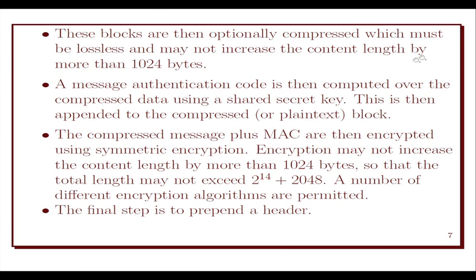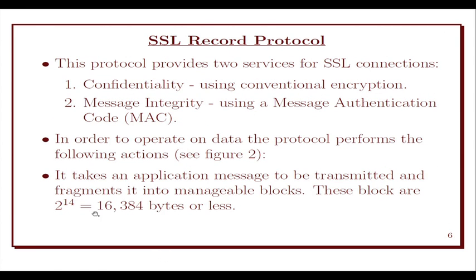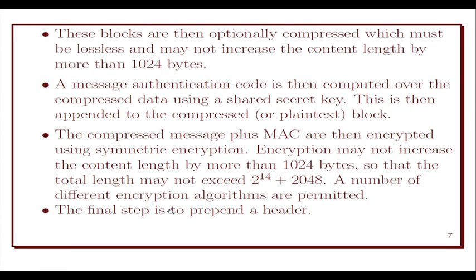The compression must be lossless, not lossy, and may not increase the content length by more than 1024. So, this is the compress operation we are doing on each of these blocks.